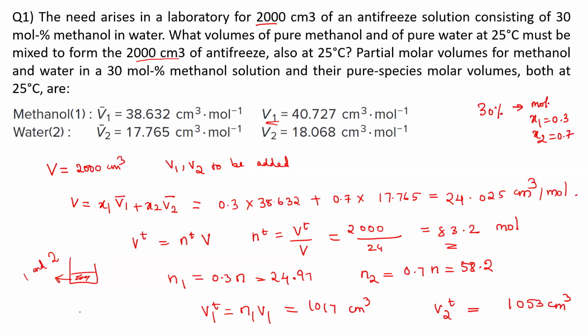So it is not V1 total plus V2 total, but instead it is x1 into v1 bar plus x2 into v2 bar. By adding a species into a mixture, its volume changes.